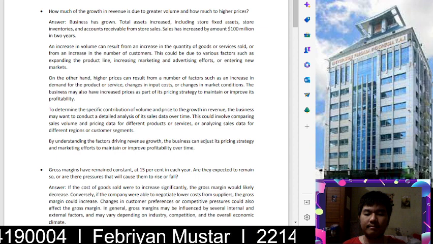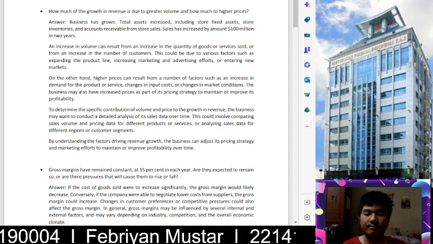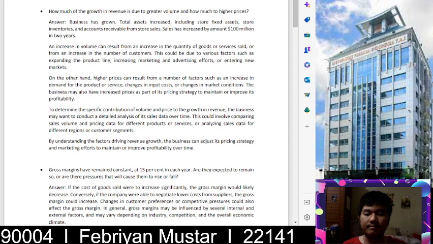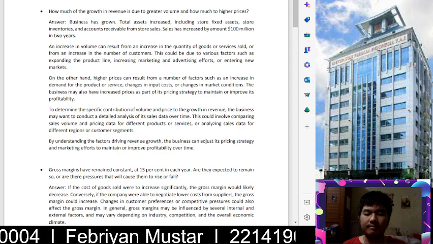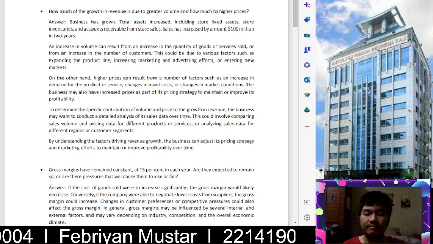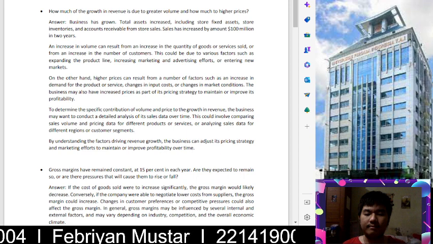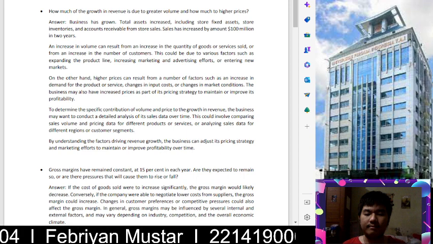To determine the specific contribution of volume and price to the growth in revenue, the business may want to conduct a detailed analysis of its sales data over time.